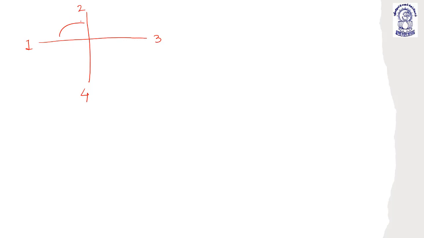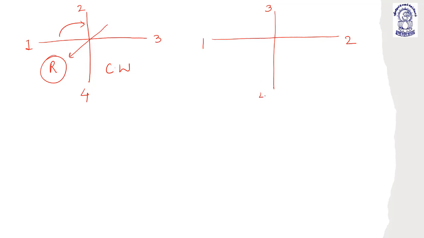So it is basically R, meaning the movement is clockwise. And if, according to the priority rules, the groups are 1, 3, 2, 4, then moving from 1 to 2 means anti-clockwise, we are moving this side. So this is basically S, anti-clockwise. Okay.